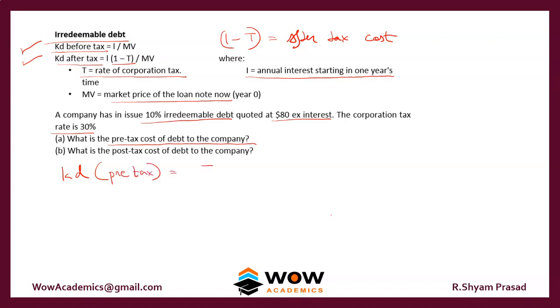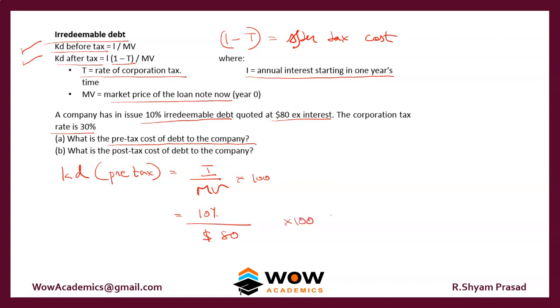Simply he wants I divided by MV, and the formula is always into 100. So what is the I? I here refers to 10%. Interest is 10% divided by 80, the market price, and finally we multiply by 100.